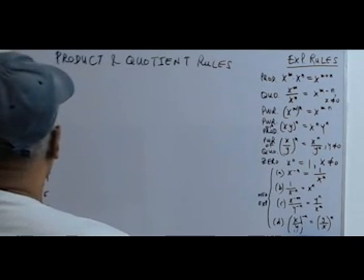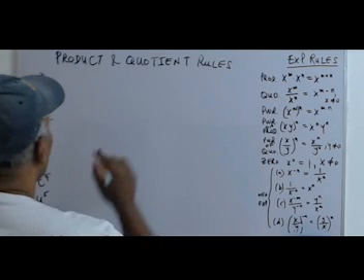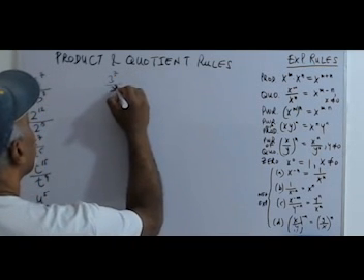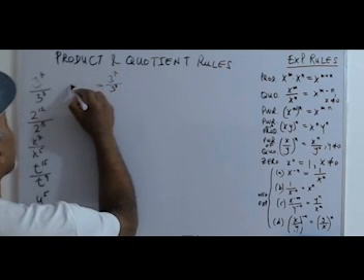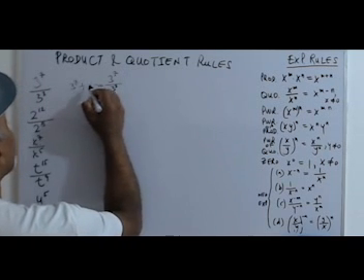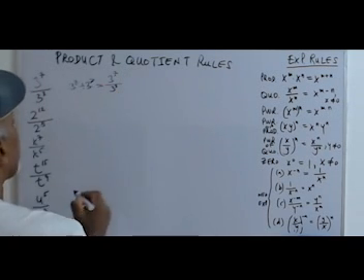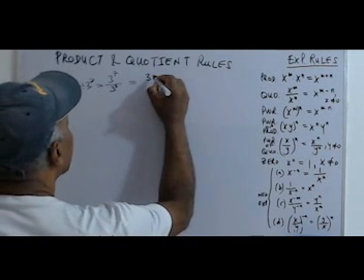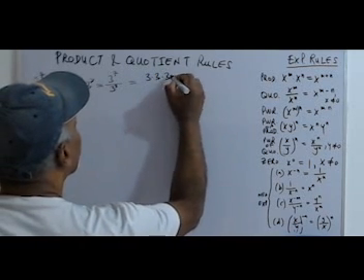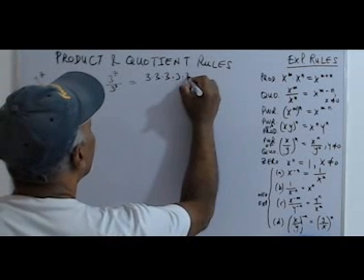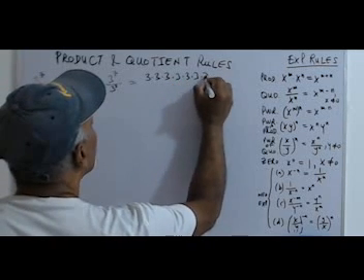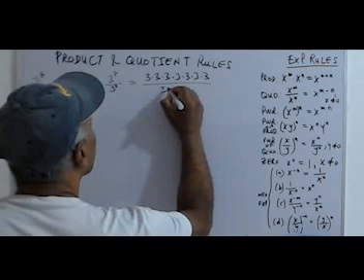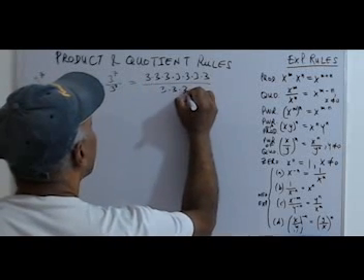Now, as I said, these are division problems, so 3 to the 7th divided by 3 cubed could be rewritten as a fraction. 3 to the 7 means 7 factors of 3 in the numerator, divided by 3 factors of 3 in the denominator.